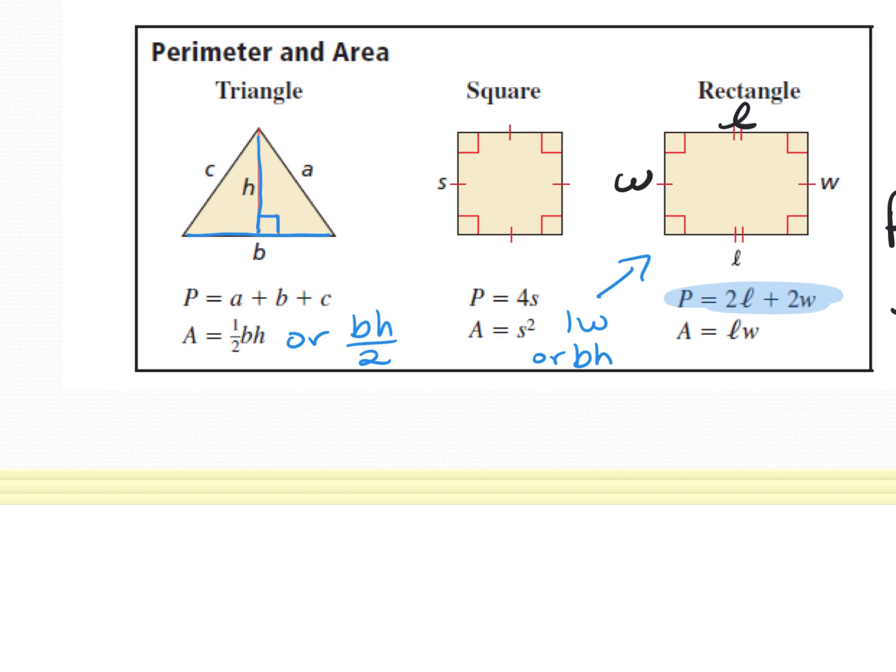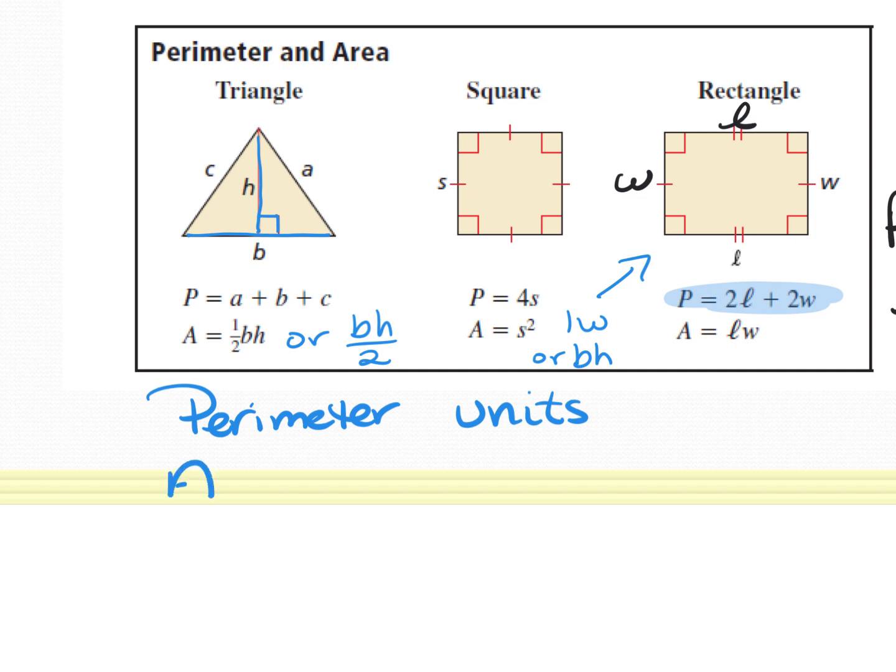Now, in our coordinate plane, when we label the units, the perimeter is always just going to be units. Unless they tell us inches or feet, it's always some kind of linear unit.